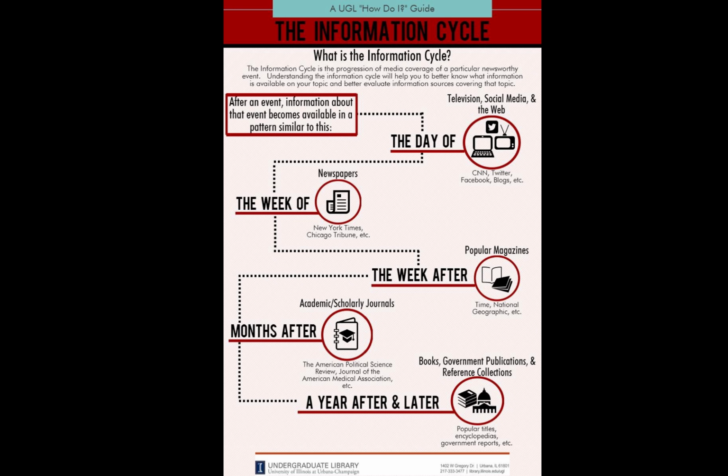And then it can take several months, and then you'll see it in the scholarly journals that we were looking at last time in some of the databases. So that's going to take a couple of months to hit there. And then about a year later, you'll start seeing it in all of the government documents, in the reference sources that we have up on the second floor, and in your general books with extensive write ups on them.